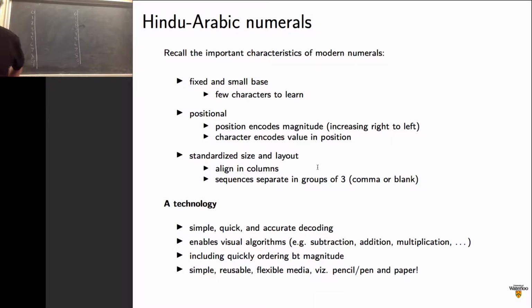So it provides a technology for us to do lots of calculation that you've been doing since grade school, various forms of algorithms for doing division and multiplication and subtraction, even finding square roots, etc. So it's easy to use, it's reusable. You don't need very much other than pen and paper, or clay tablet, wet clay and a reed, to be able to do this kind of calculation. So they're very, very good.